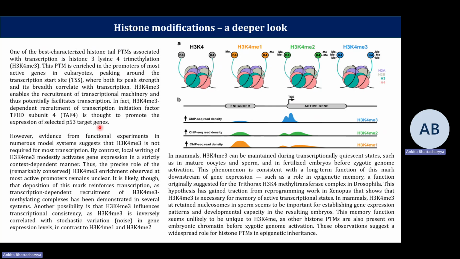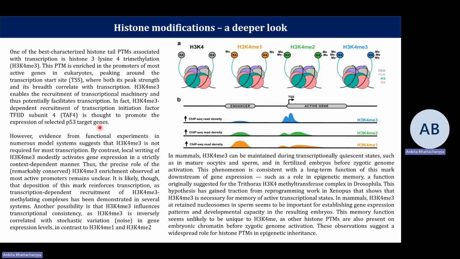In mammals, H3K4 trimethylation can be maintained during transcriptionally quiescent states, such as in mature oocytes and sperm, and in fertilized embryos before zygotic genome activation. This phenomenon is consistent with a long-term function of this mark downstream of gene expression, such as a role in epigenetic memory.